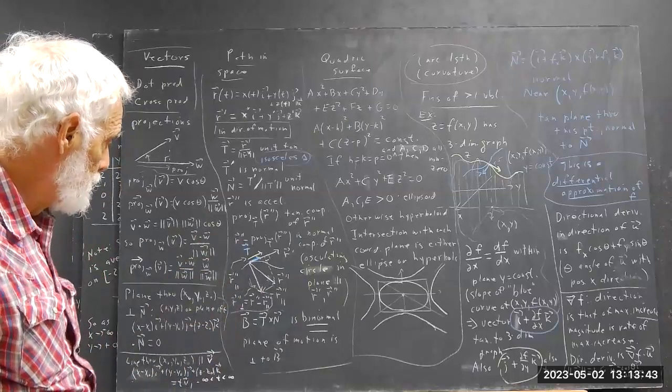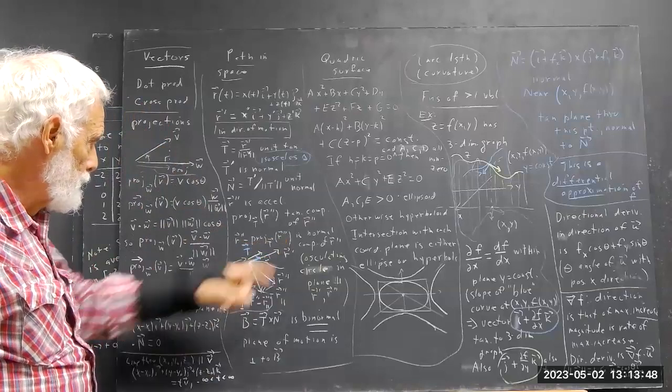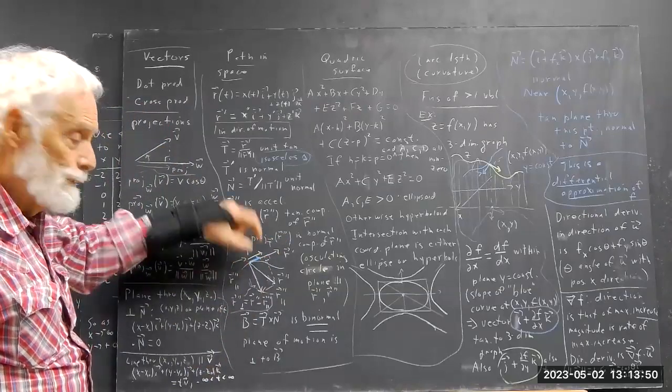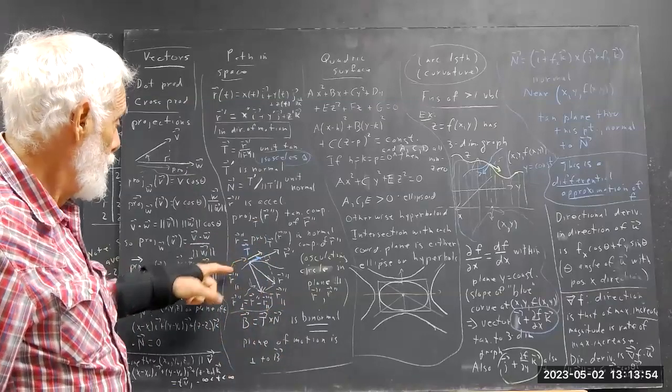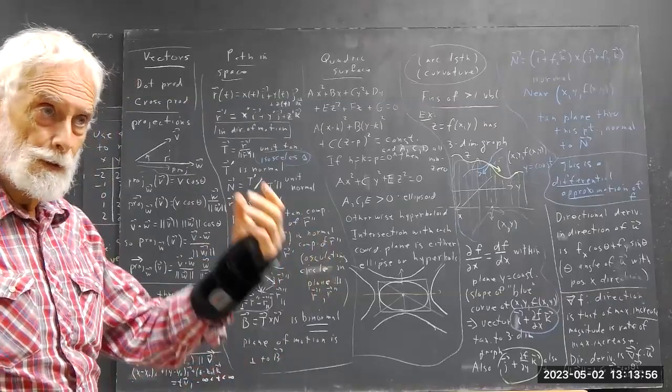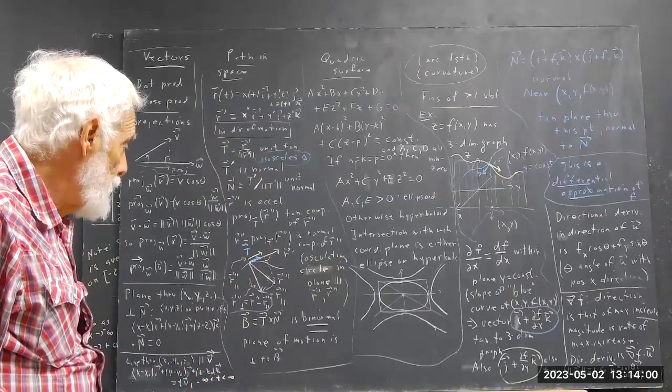Why is that? Here's a picture. You've got your r double prime in this direction, and the blue represents your unit tangent vector.